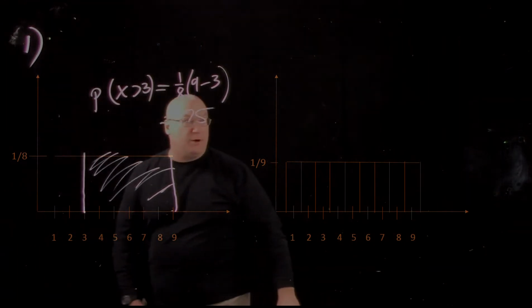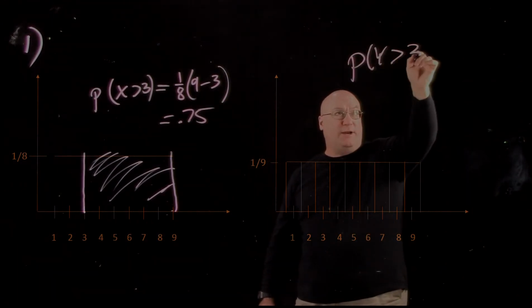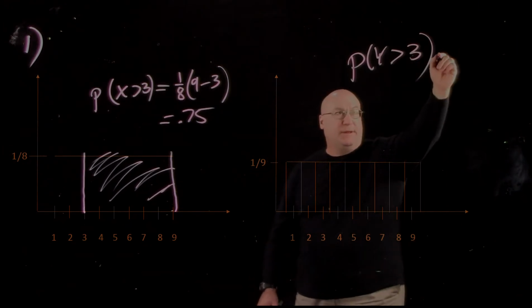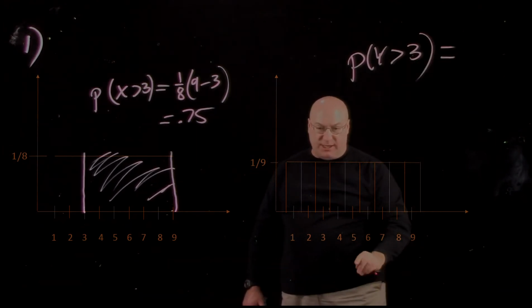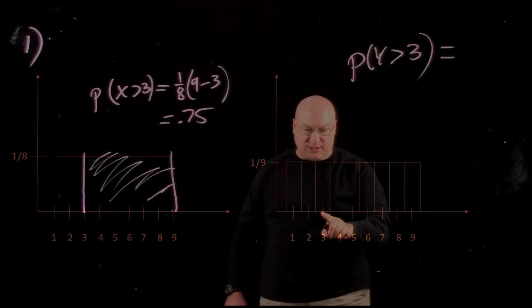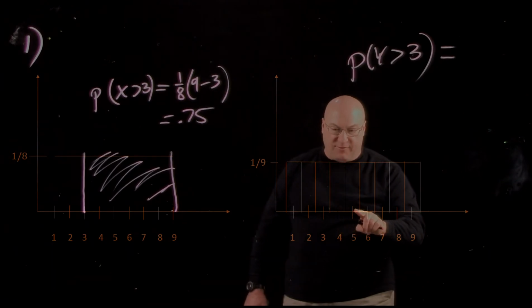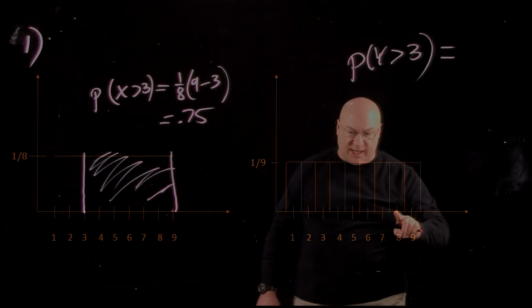Okay, what's the probability over here that y is greater than 3? Well, if it's greater than 3, I cannot have the value 3, so I have to jump all the way over to the value 4. I can have that, and 5, and 6, and 7, and 8, and 9.